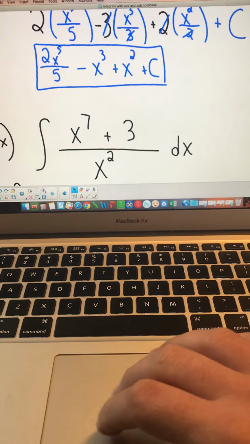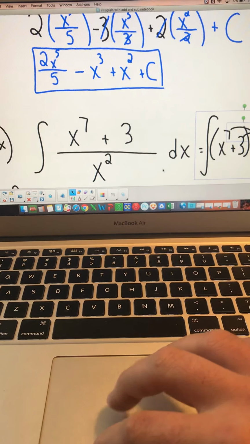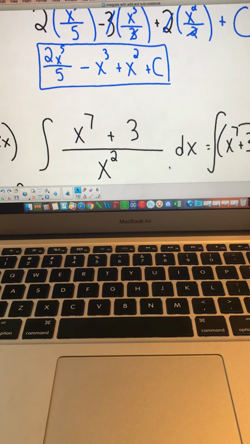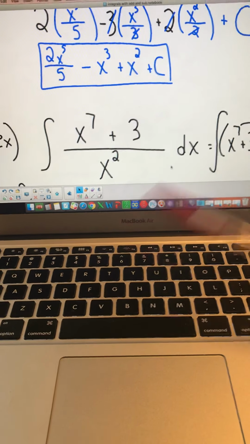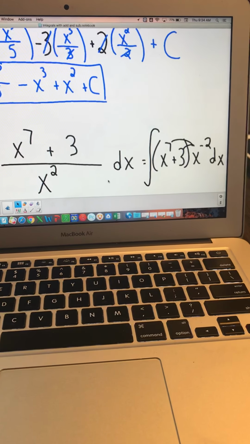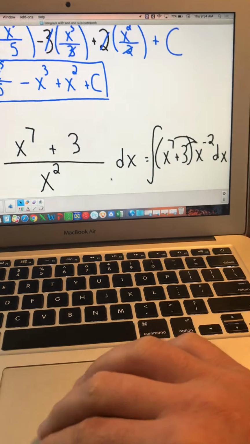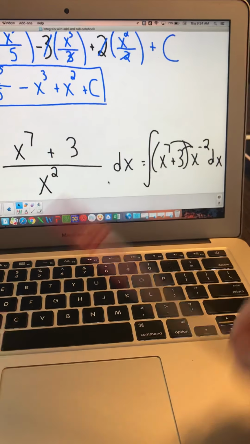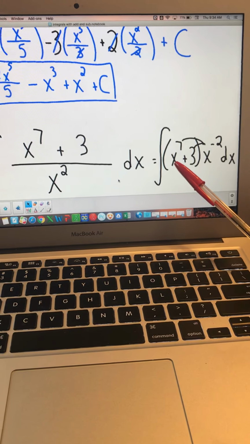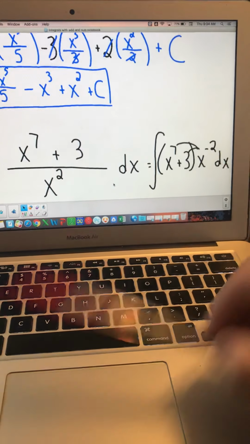Or you could do it where you just bring the x squared up by making it a negative exponent and then distributing it in. That's the way I'm choosing to do it. I think it's a little easier. When you distribute it in, advanced algebra, like terms, multiplication, add the exponents.